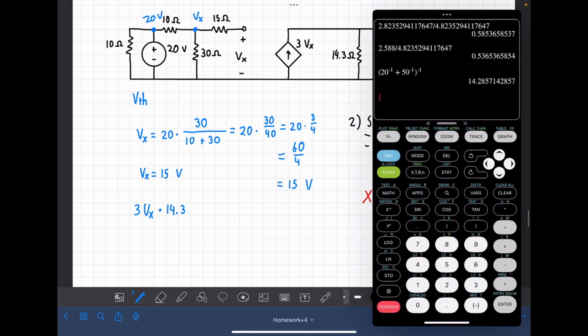I'll go ahead and do that: 3 times 15 times 14.3. That is a lot of volts. Okay, 642.86.